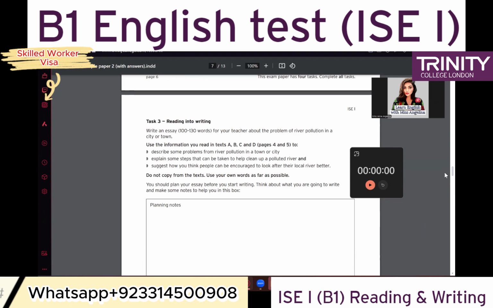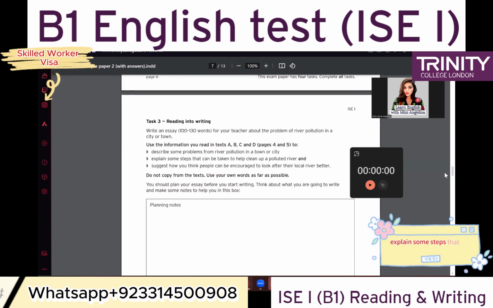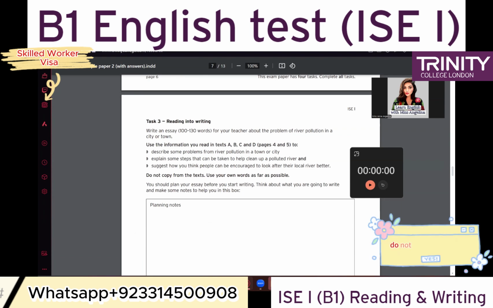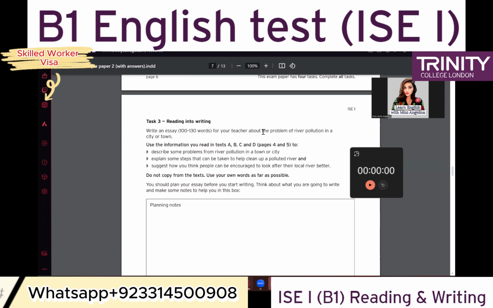Explain some steps that can be taken to help clean up a polluted river and suggest how you think people can be encouraged to look after their local river better. Do not copy from the text, use your own words as far as possible.